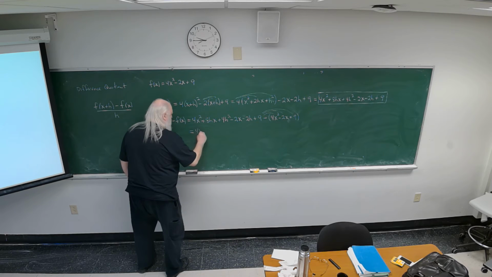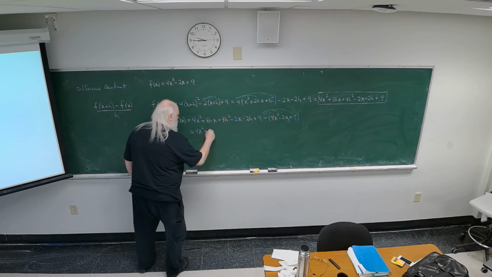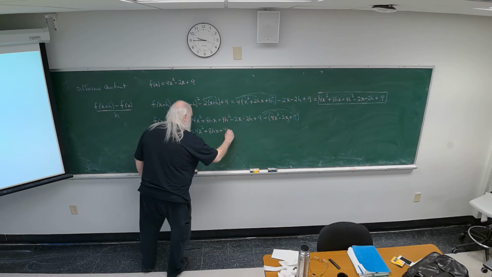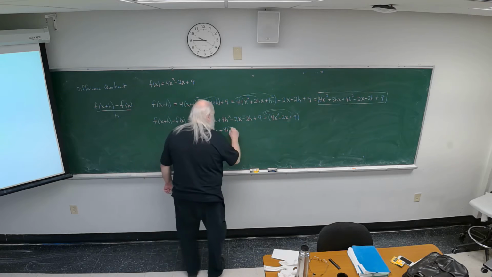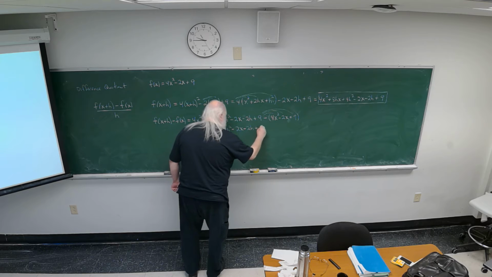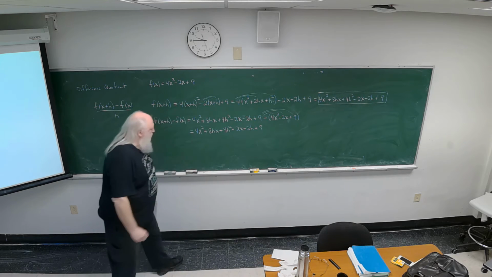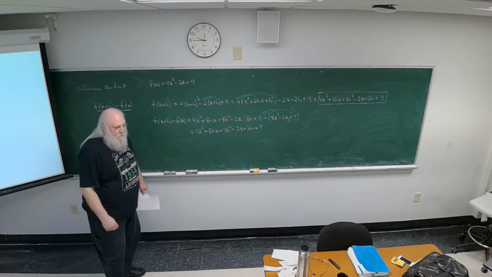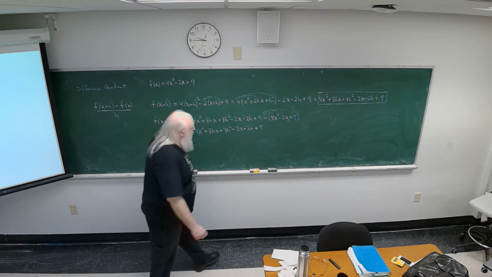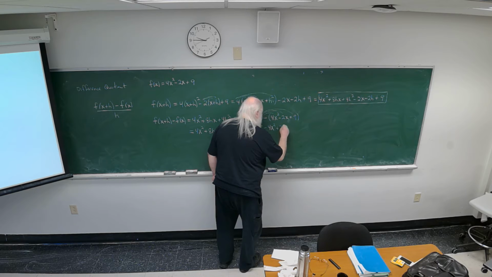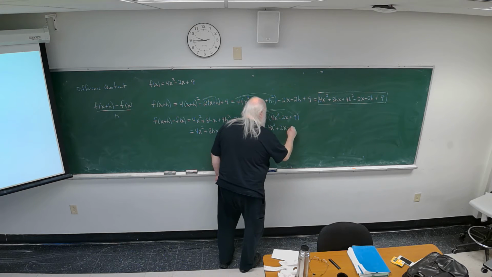And you have 4x squared plus 8hx plus 4h squared minus 2x minus 2h plus 9. You gotta be careful not to change a plus to a minus, minus to plus, drop the letter, all that good stuff. And so 4x squared becomes minus 4x squared, minus 2x becomes plus 2x, and plus 9 becomes minus 9.